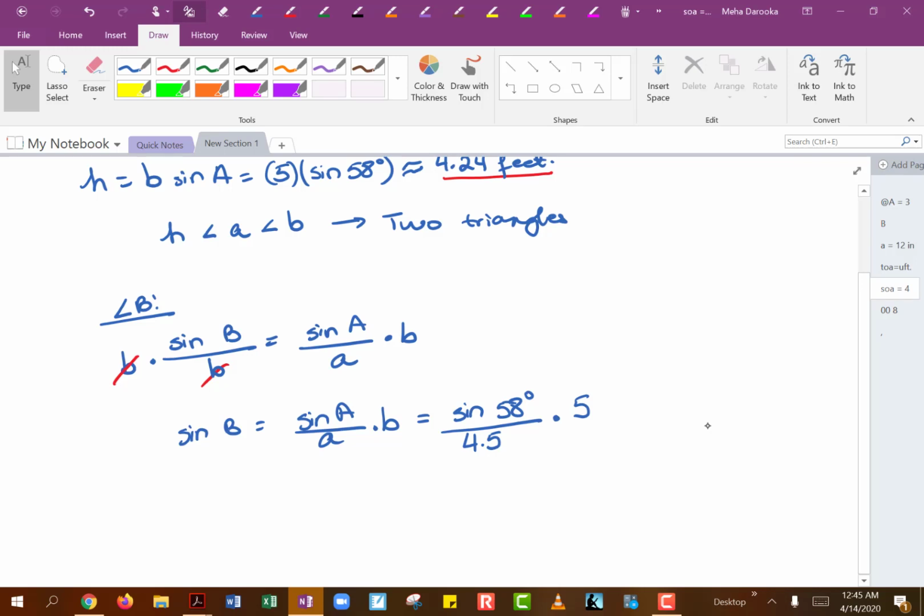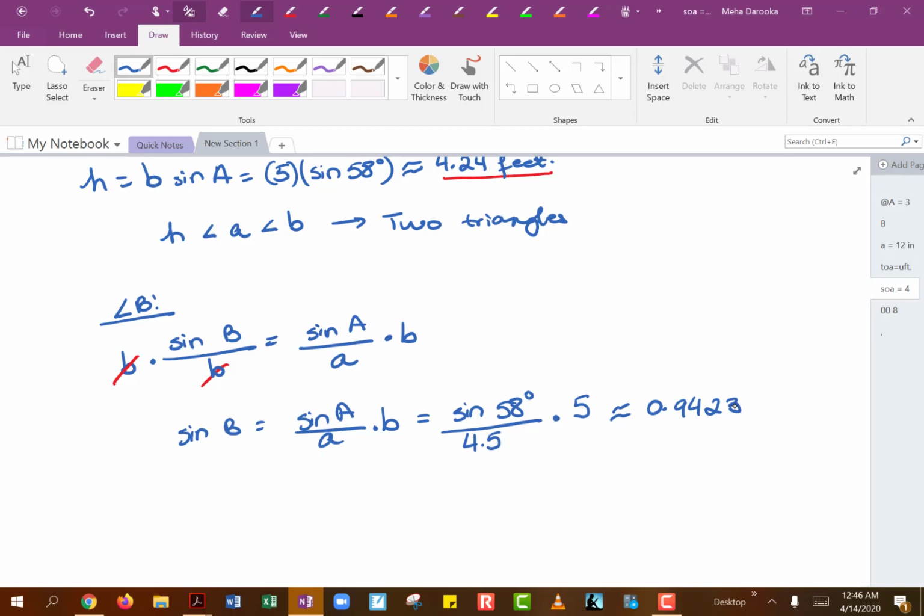Sine of 58 degrees divided by 4.5 multiplied by 5 gives an approximate value of 0.9423, rounding to 4 decimal places.